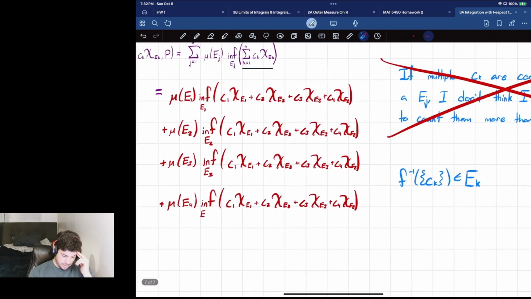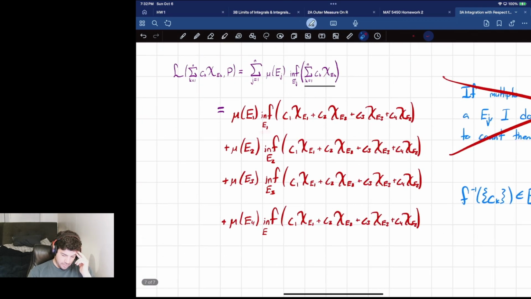And so when we look at this, we're taking the infimum over E1, and E1 is disjoint from E2 and E3 and E4. So the infimum over E1 means we're only looking at this part of the function, this interval, and we neglect these other ones. And that causes it to choose C1.